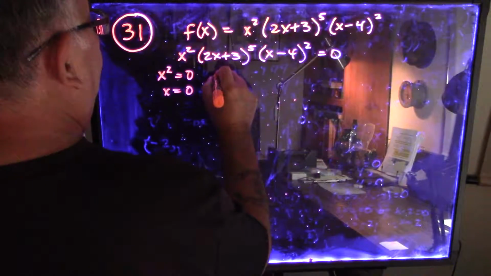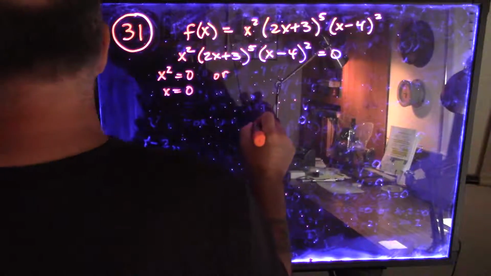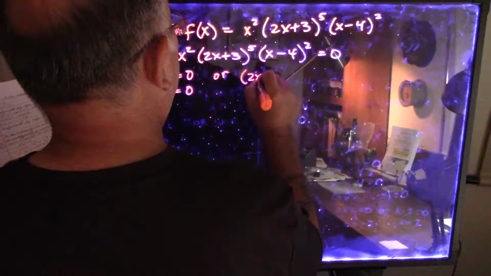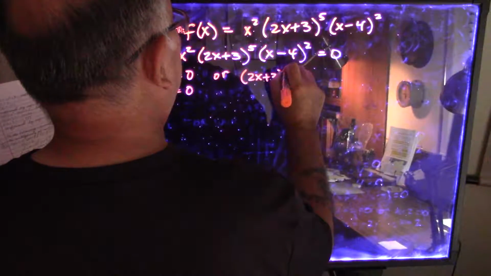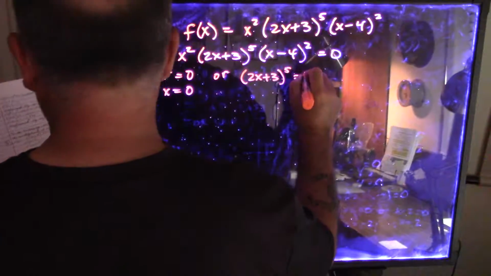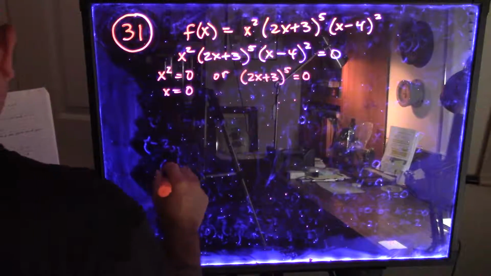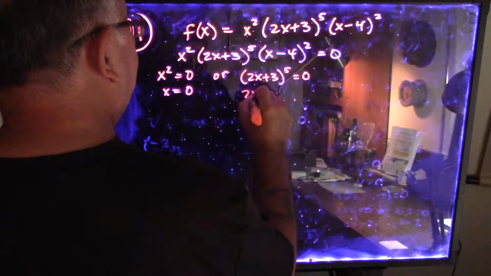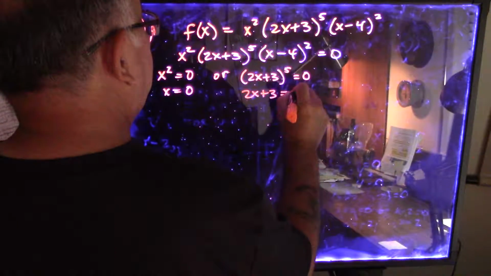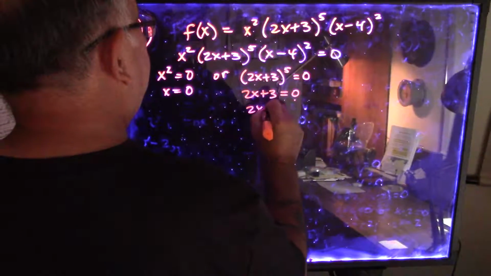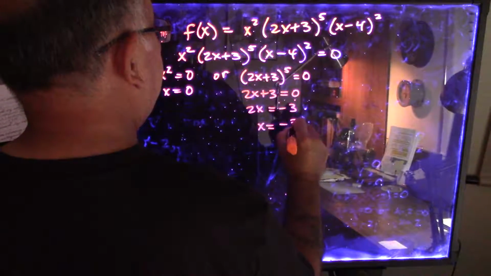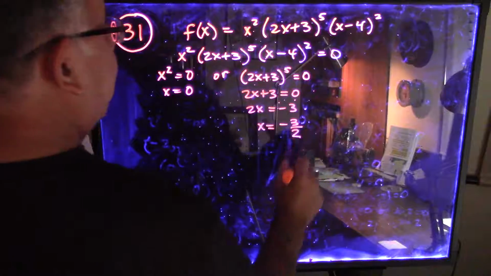Or we have 2x plus 3 to the fifth equal to 0. And you could take the fifth root of both sides, so 2x plus 3 equals 0. 2x equals negative 3, and x equals negative 3 halves.